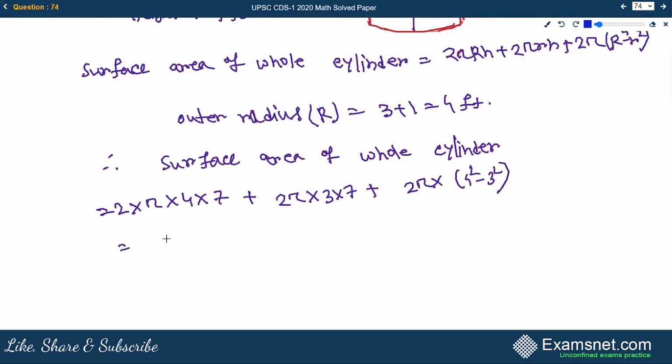So it is 56π plus 42π plus 14π. Okay, so here we will get 16 minus 9, 7, 14π. So all total it is 112π.